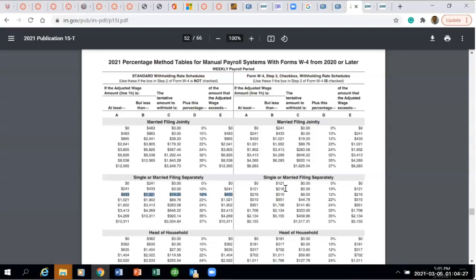Same thing, single, but just because that box is checked, all of a sudden they are holding more money from you. $141, because it looks like you have the same type of job and about the same amount of income.